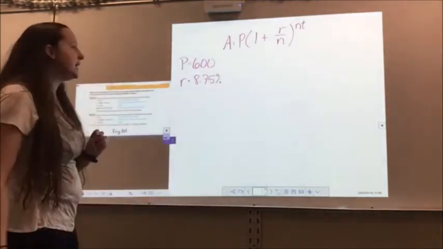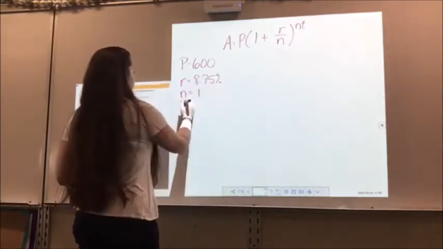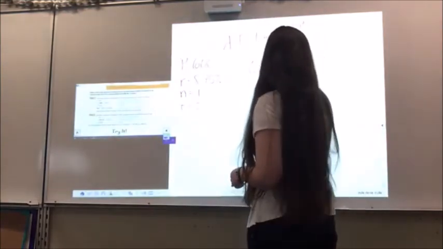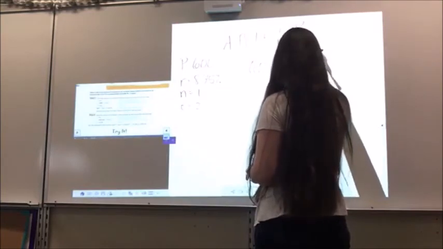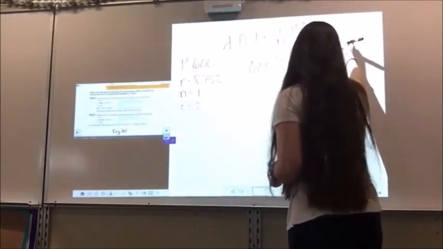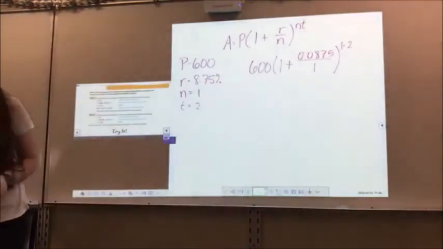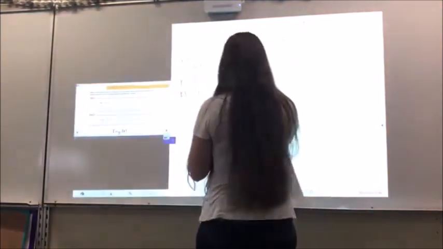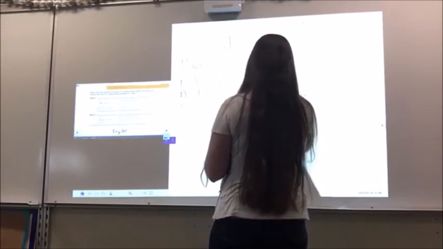Compounded annually, so that means 1 time per year, so n is 1, and then t is going to be 2 years, okay? So I do 600 times 1 plus 0.0875 over 1 raised to the 1 times 2 power, okay? So when I do this, it gives me $709.59.